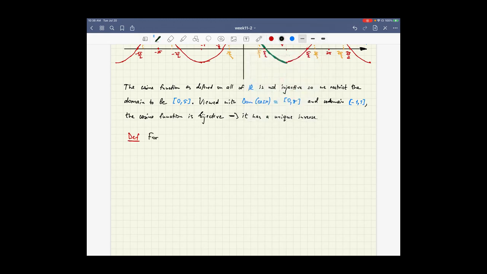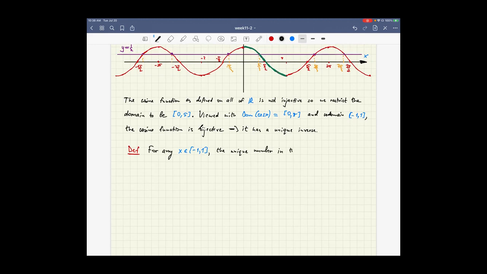For any fixed x between -1 and 1, the unique number in the interval 0, pi, whose cosine equals x, is called arc cosine of x, or sometimes cosine inverse of x.